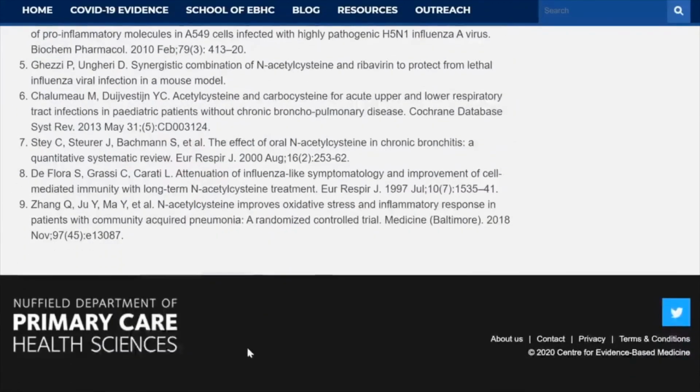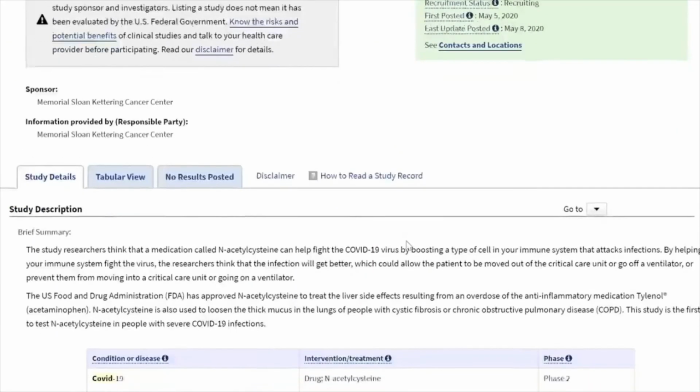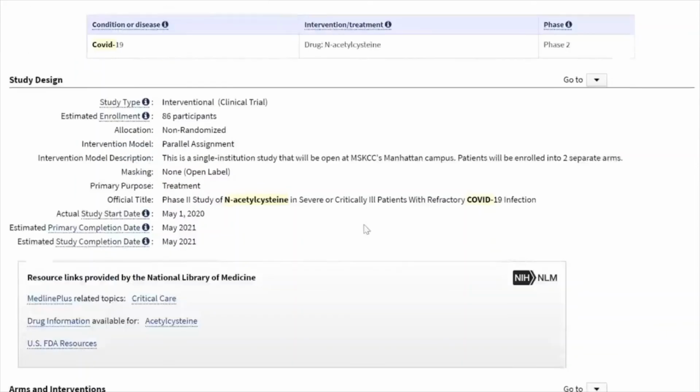And it's well referenced. So when I went to clinicaltrials.gov to see if anything was being done, I did find only one study, a study of N-acetylcysteine in patients with COVID-19 infection. And if you look here, they're actually giving it to patients who have severe disease, which I was very happy to see. They were trying to enroll 86 participants.